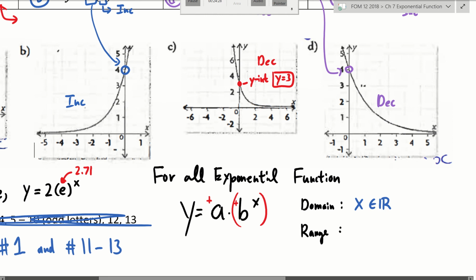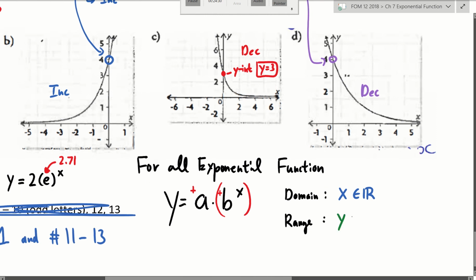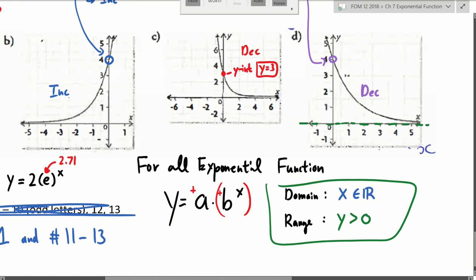So that means any y value in the function is always bigger than 0, right? It cannot even equal 0 because it never touches that asymptote, the horizontal asymptote. So it has a horizontal asymptote, never touches it, and so this is the domain and range for all exponential functions.